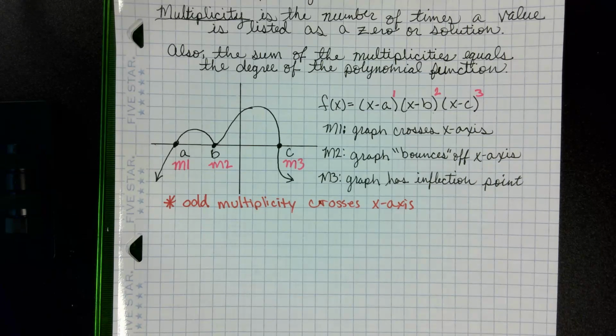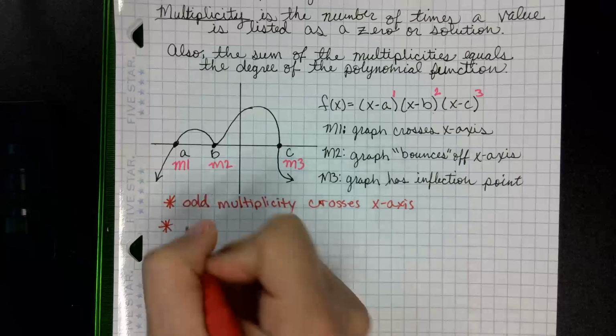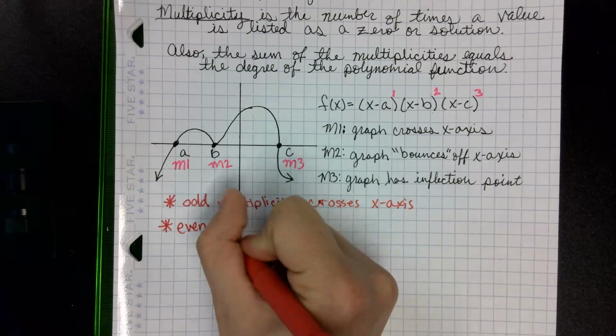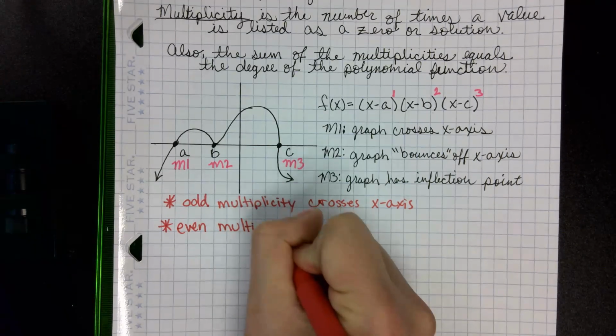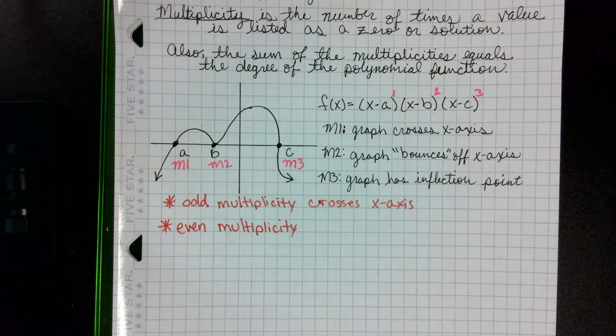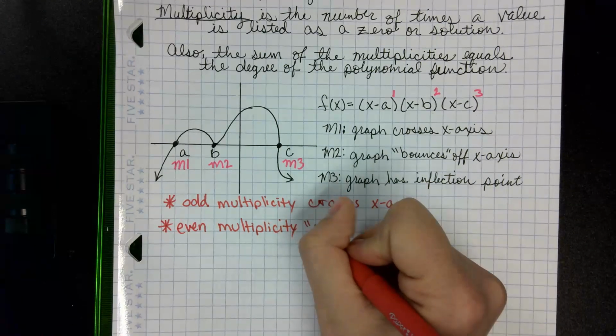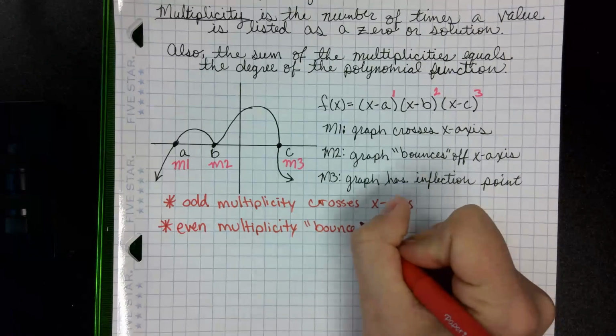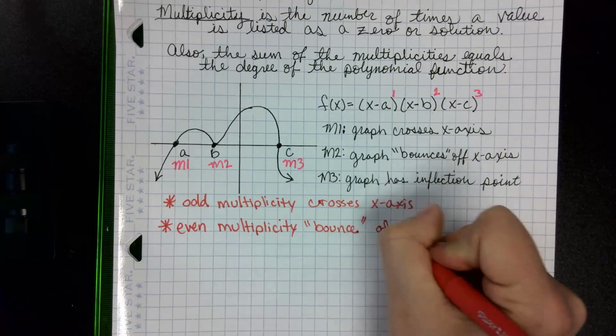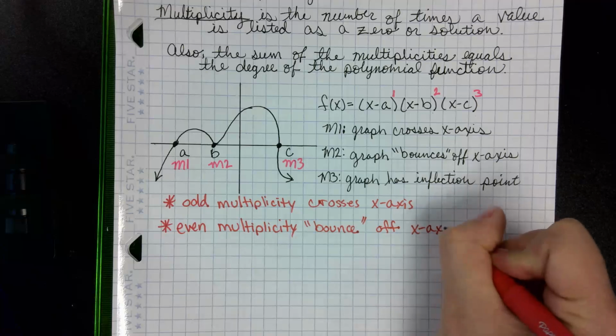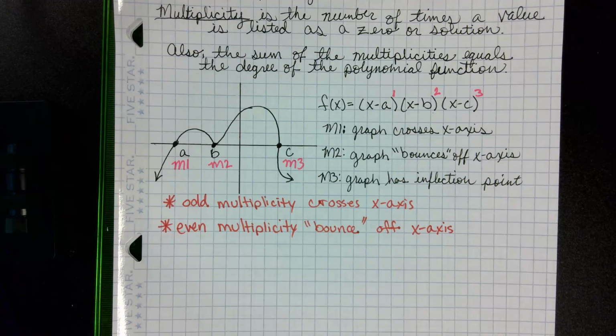So any odd multiplicity is going to cross the x-axis. We're not going to deal with multiplicities more than 3, so I'm only going to talk about evens being a 2. But just as a general statement, an even multiplicity will bounce off the x-axis. So if you wanted to see what would happen at different multiplicities, you could use Desmos to type it in to see the graph of different multiplicities, if that's something you're interested in.